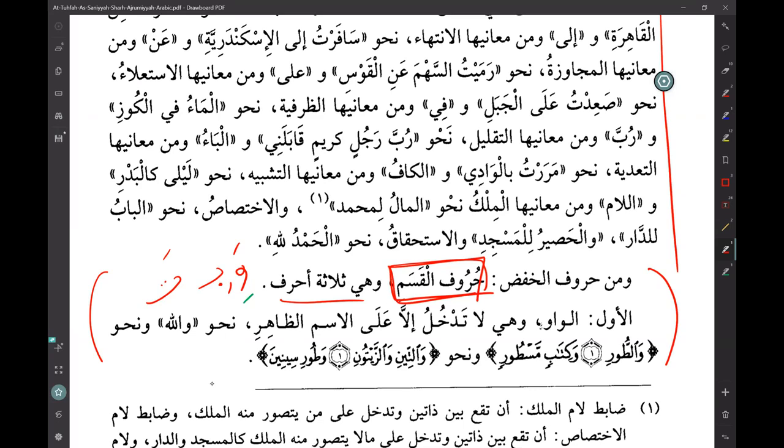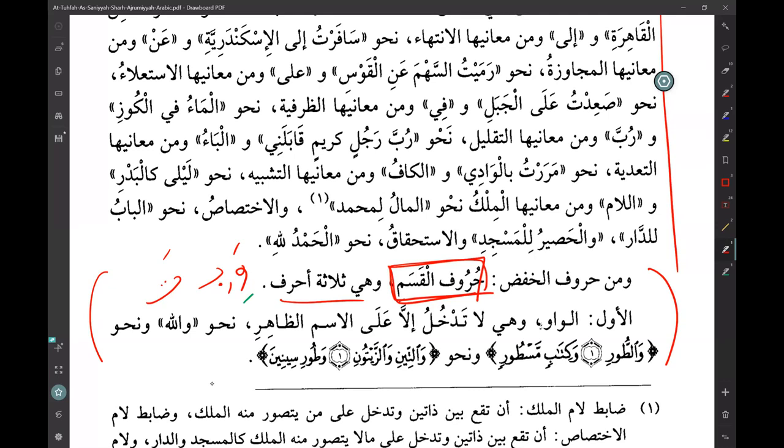And that's why Allah said, wat-tini waz-zaytuni. So it's always going to be kasra. Wash-shamsi, it's not going to be wash-shamsu. If it was shamsu, then Allah is saying "and the sun." But if Allah is saying wash-shamsi, then Allah is making an oath by the sun.